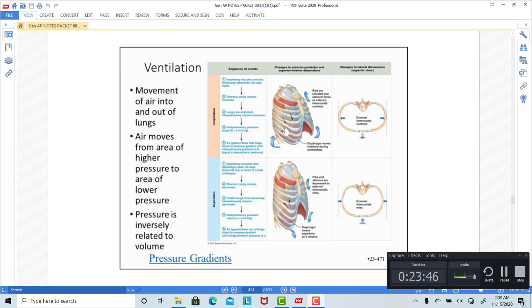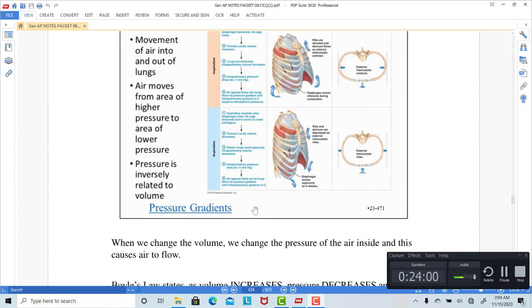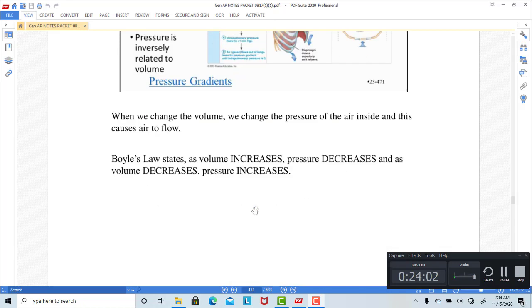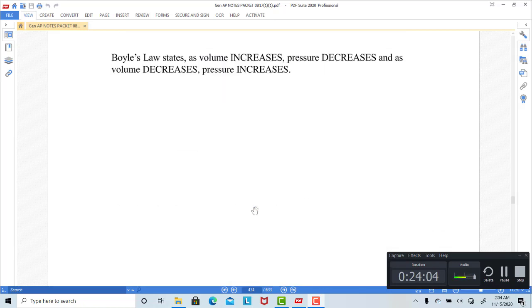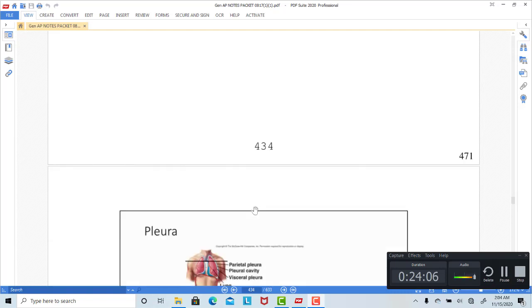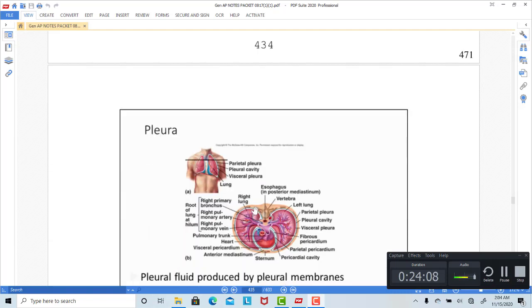Airflow stops, and then as those muscles relax, the diaphragm moves back up, the ribs move back in, volume decreases, pressure rises, and air flows out of the lungs. So exhaling is really a passive process, with the muscles of the diaphragm and the external intercostals relaxing.